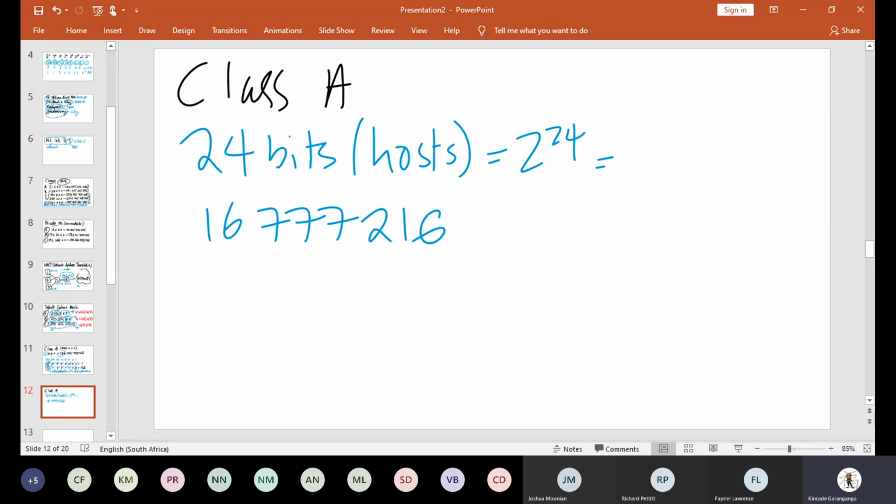But remember, as far as IP addresses are concerned, you can never have all zeros or all ones.